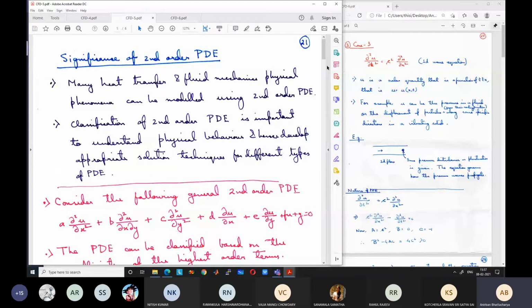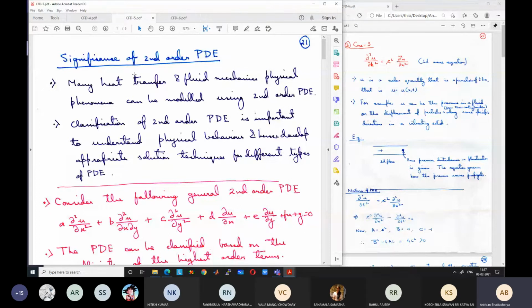So initially we had discussed why PDs are important for our engineering applications. What we have seen is that there are many engineering applications for which second order PDs actually describe the scientific phenomena that is occurring.